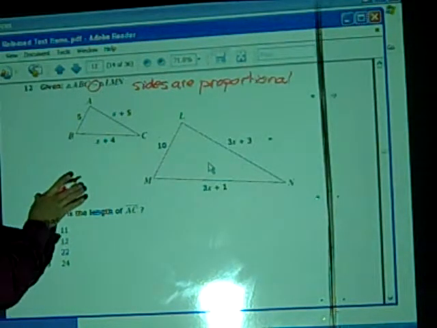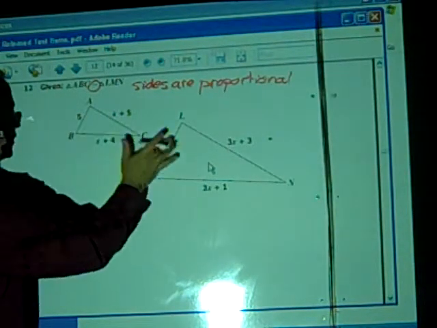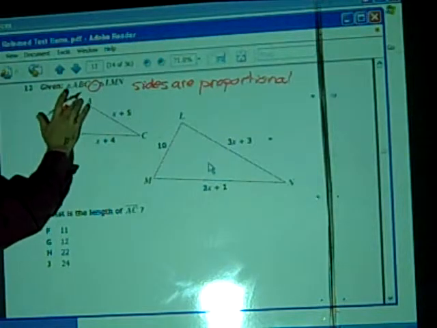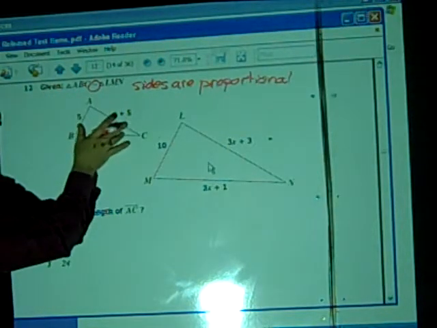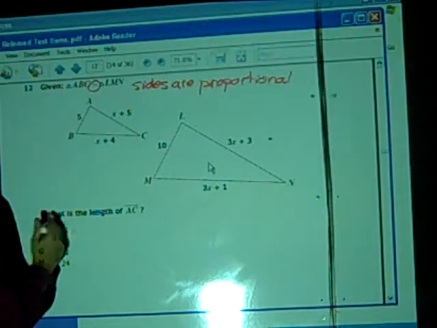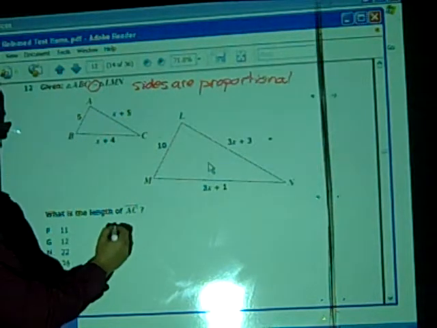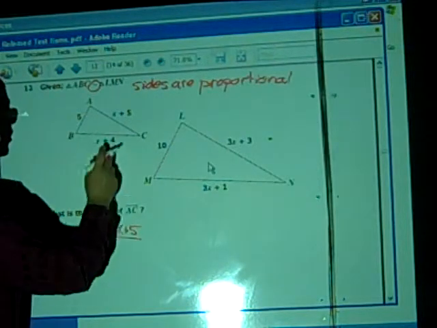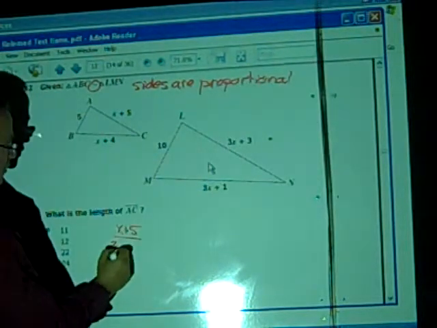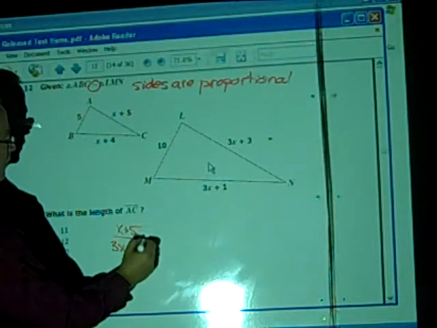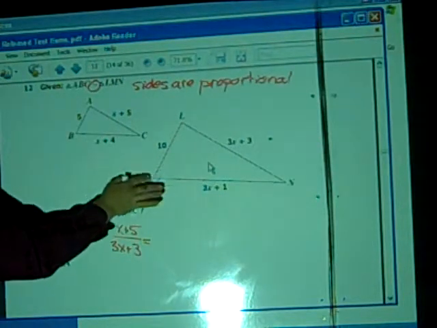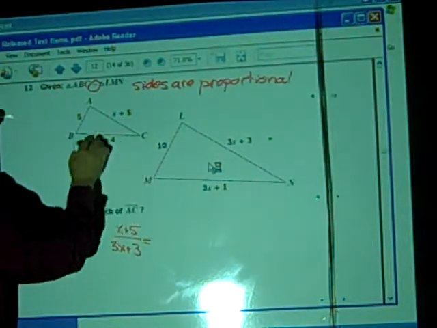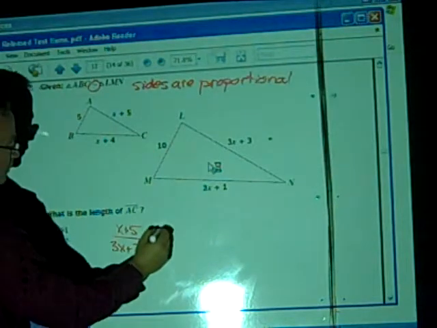We just need to take sides that are in the same position. We know that AC, which is x plus 5, goes over the corresponding one, which is 3x plus 3. Set that equal to one where we have two numbers, because we can't solve it if we've got variables everywhere. We're just going to do 5 over 10.